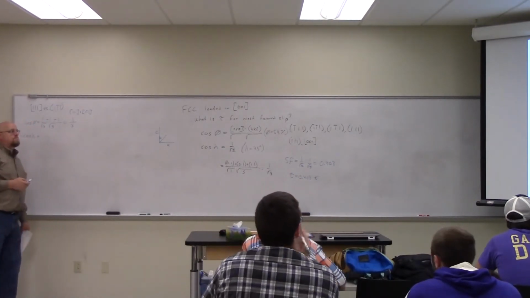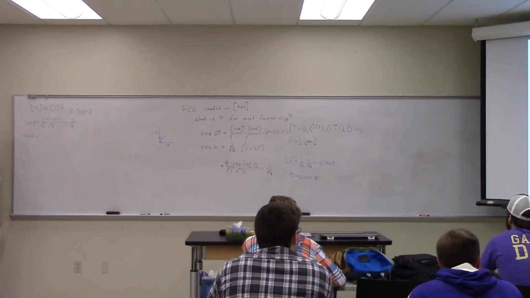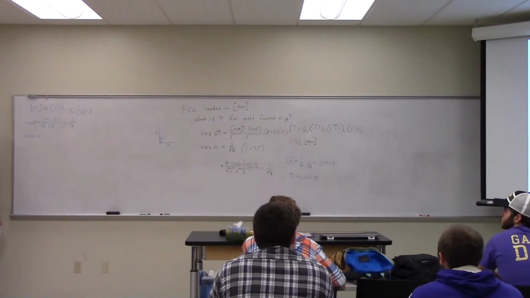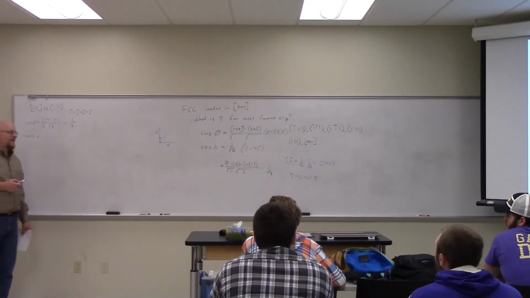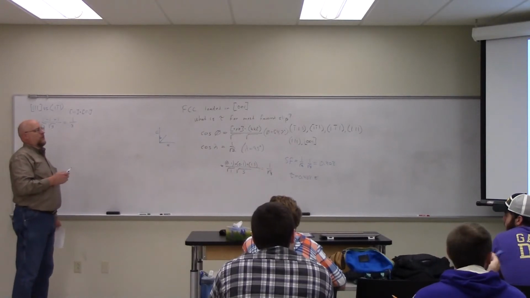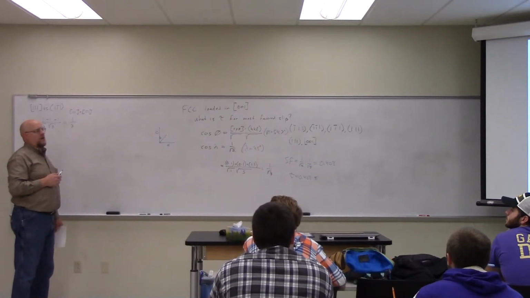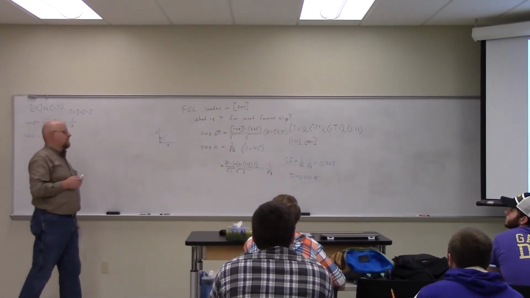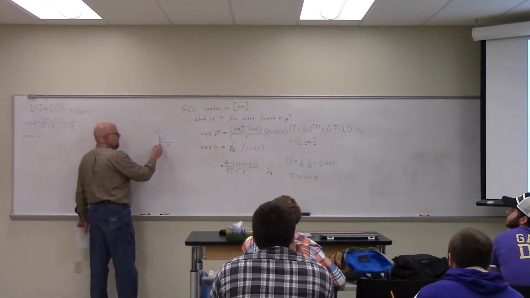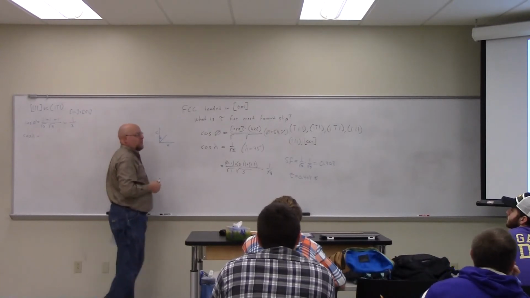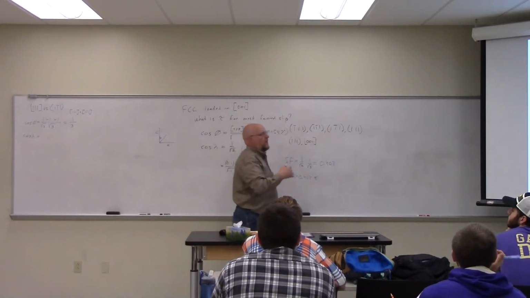Okay. So would that be 0, 1, bar 1? So we have 0, 1 bar, 1. That is not a plane in that. 0, 1, 1, or 1, 1, 0. Which one do you want to do? The bottom across, up the left, or up the right?